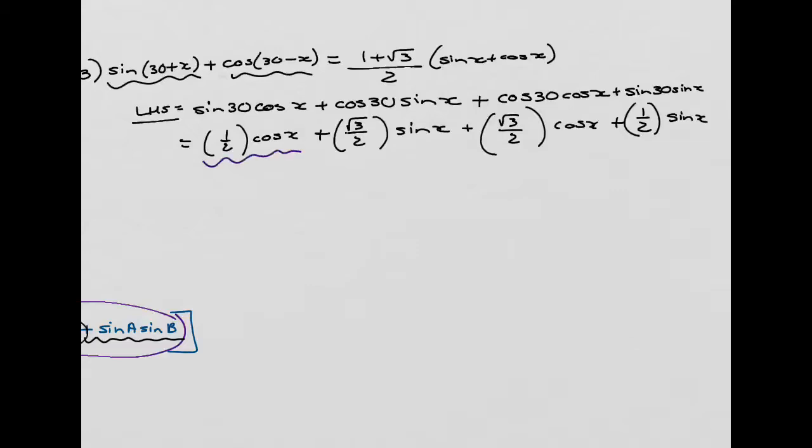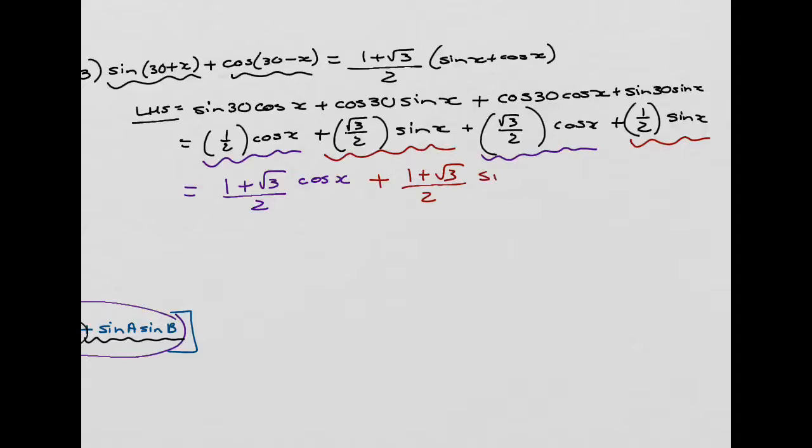So we're going to have a half cos x plus root 3 over 2 cos x, which is going to give us (1 + root 3) over 2 cos x, because of the denominator 2 being the same. And then we're going to do the same thing. We've got a root 3 over 2 sin x plus a half sin x, which is going to give us (1 + root 3) over 2 sin x.